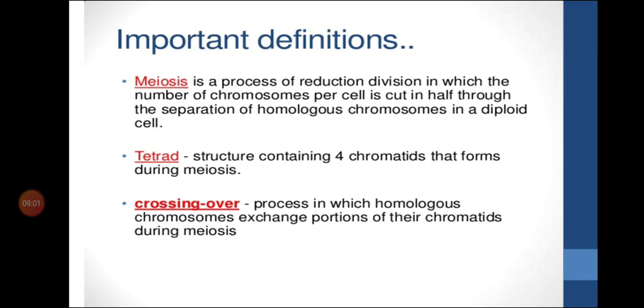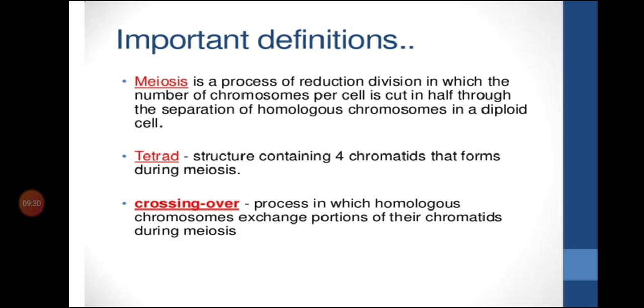We will study all the substages in detail, what happens in leptotene and the condition of chromosomes, but all these terms will be involved: synapsis, chromosome, homologous chromosome, tetrad, bivalents. Tetrads are also known as bivalents.